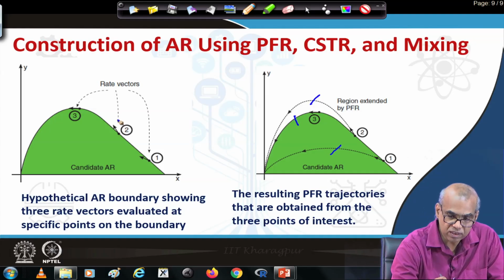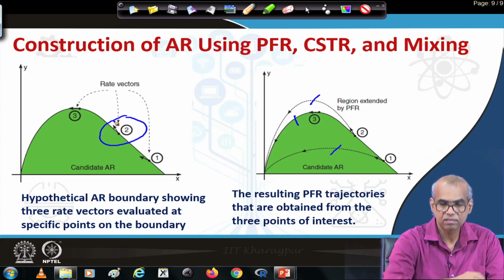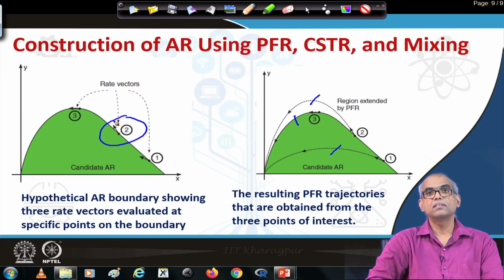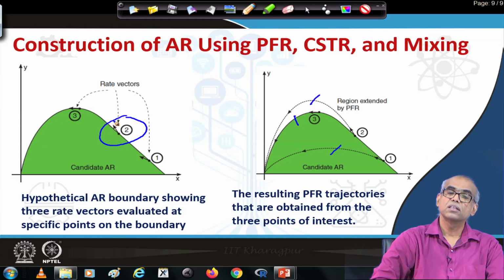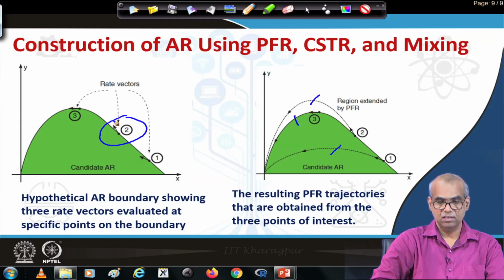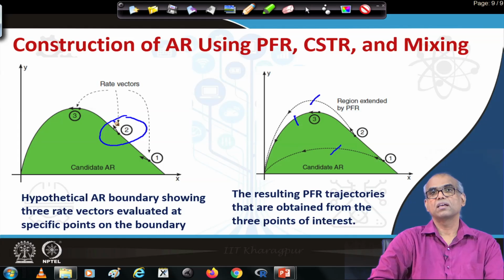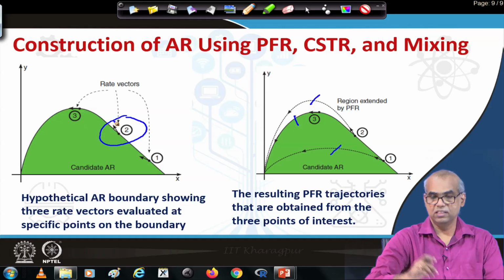So, clearly you see that the red vector at point 2, which is pointing outside this shaded region or the previous candidate attainable region, extends the region.